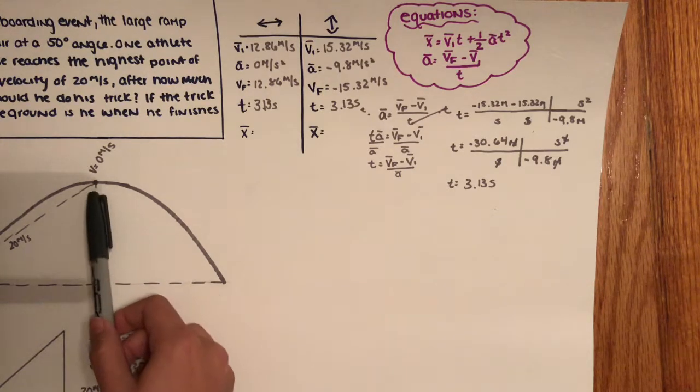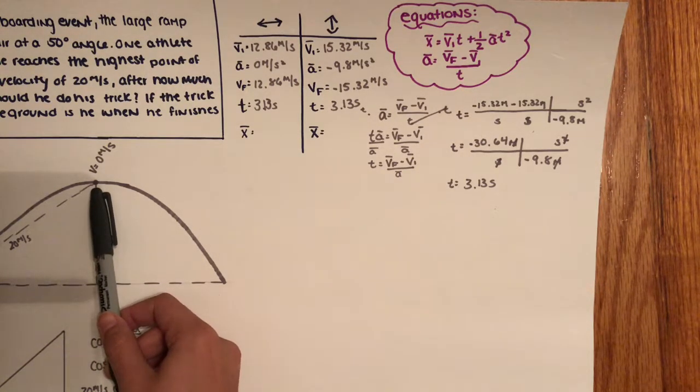So at this top point is where the velocity changes direction, hence why it is 0.